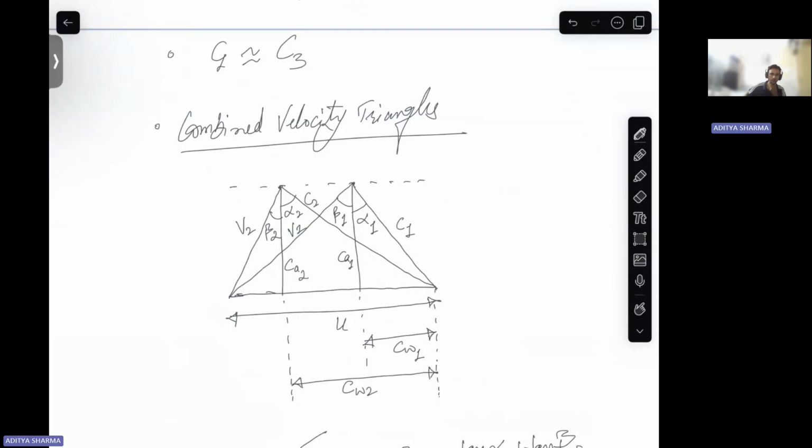Now if you see the velocity triangle, you see C1 and you see C2. You will realize that the length of C2 is greater than C1, which essentially means that your absolute velocity at the exit of the rotor is greater than your absolute velocity at the inlet of the rotor. That is, C2 is greater than C1.